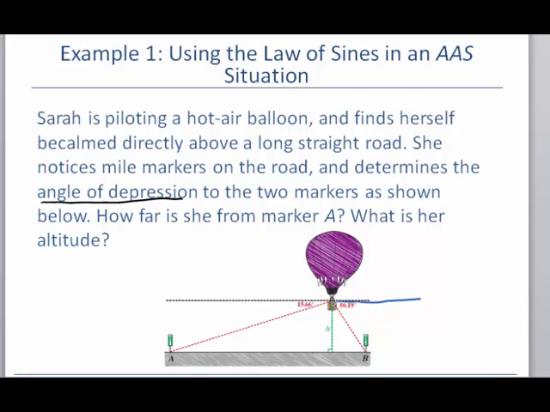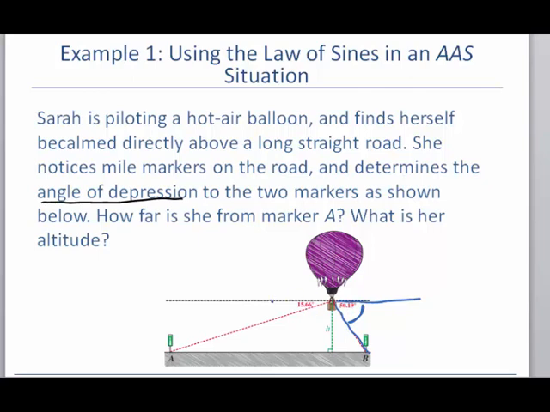And if she looks down at the mile marker, her line of sight goes this way. And so the difference between those two is an angle of depression. And so they're telling us that one of those angles of depression is 50.19 degrees.